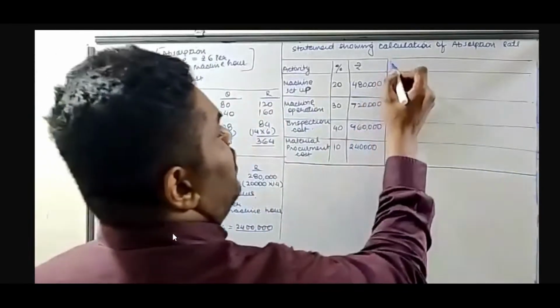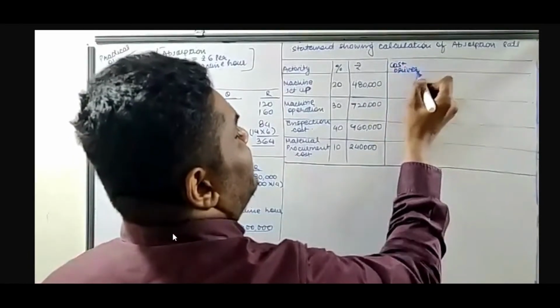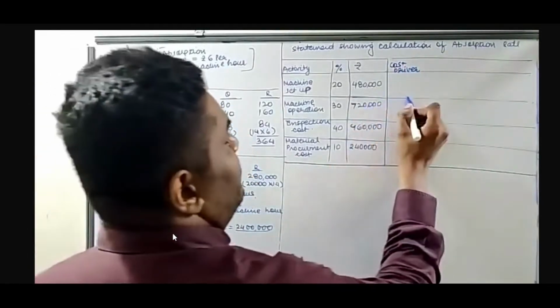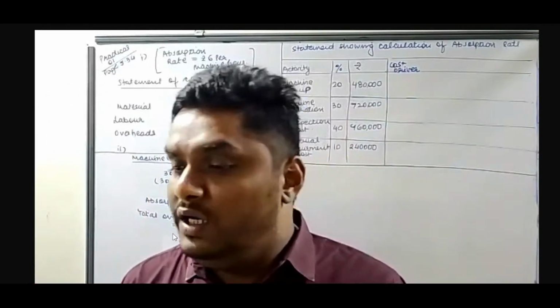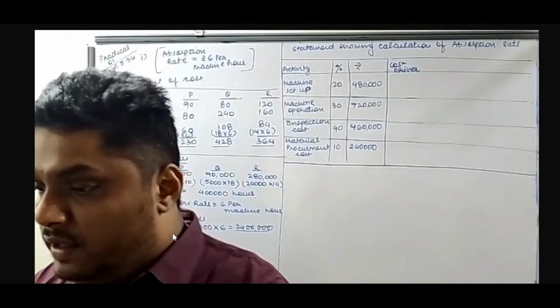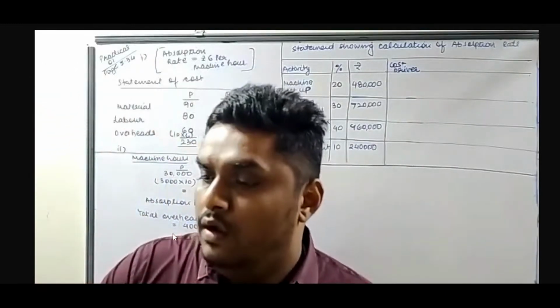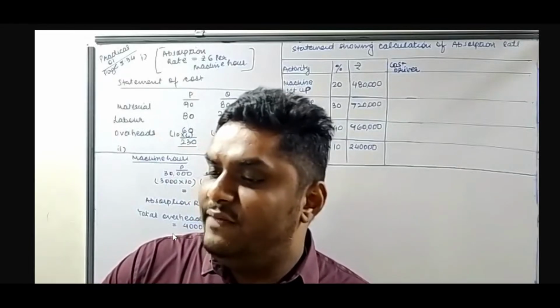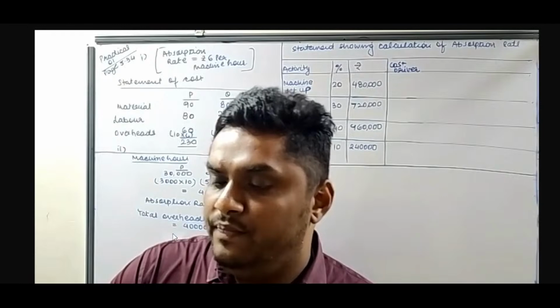Now, next is the cost driver. The most important part of this question is that we have to identify the cost driver, because cost drivers are not given directly in the question. So let's check the additional information. The batch size is given, the number of purchase orders is given, and the number of inspections is given.